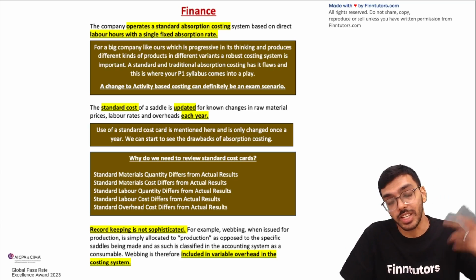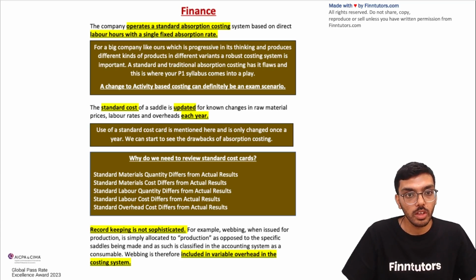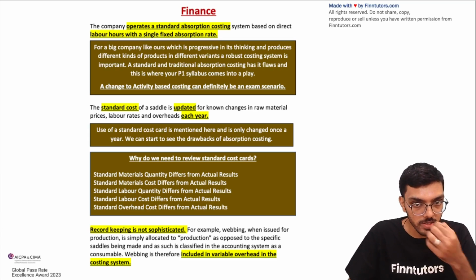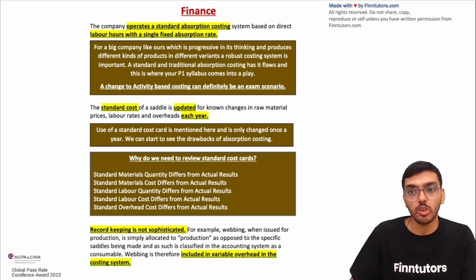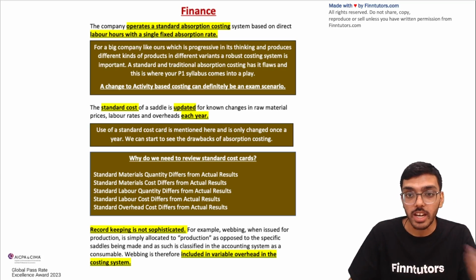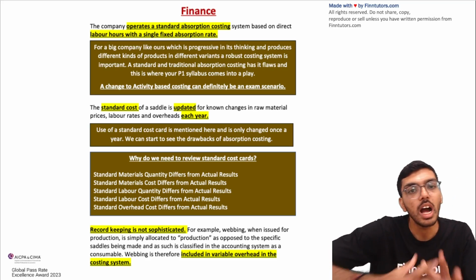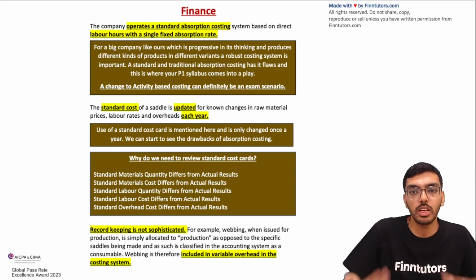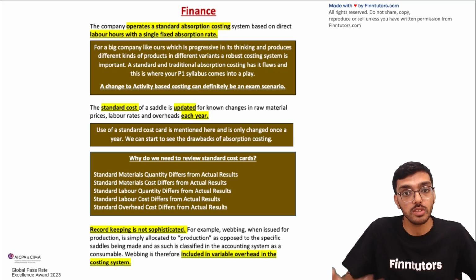A standard and traditional absorption costing system has its flaws, and this is where your P1 syllabus comes into play. We already know that in a modern business or a business looking to innovate, standard costing is not really going to help, because direct labor hours aren't the only reason why costs are generated. There are many more reasons why costs are generated.